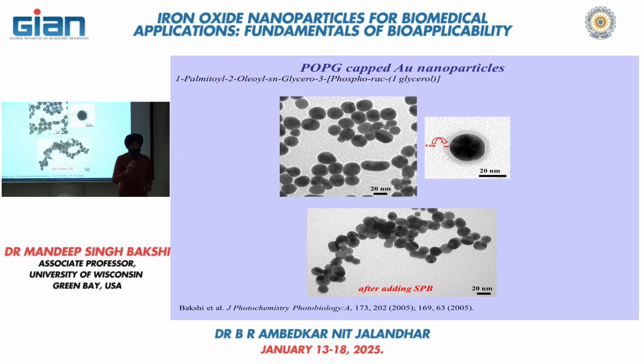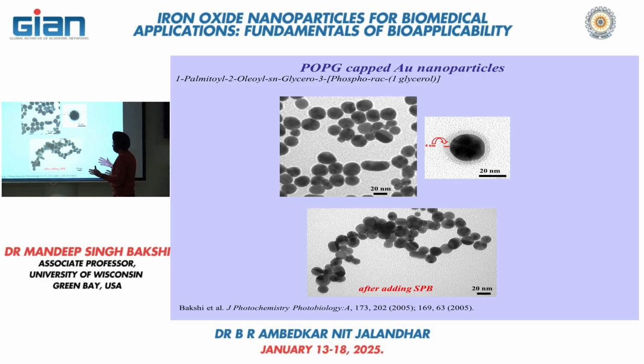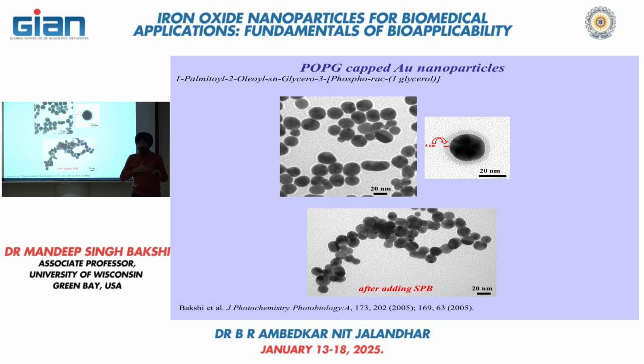What is the meaning of this? I'm just telling you now. I'll explain what is the meaning of this. It means that the lung surfactants which we have in the human body, they have very high affinity for a nanoparticle. Nanoparticle could be from the gold, could be from the silver, or that could be a dust nanoparticle. They all have very high affinity for the pulmonary surfactant complexation.